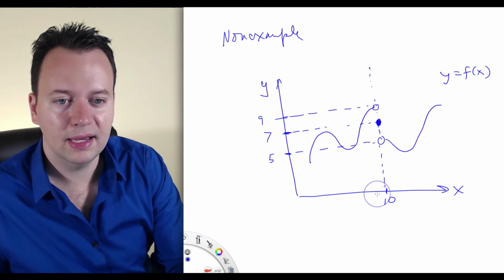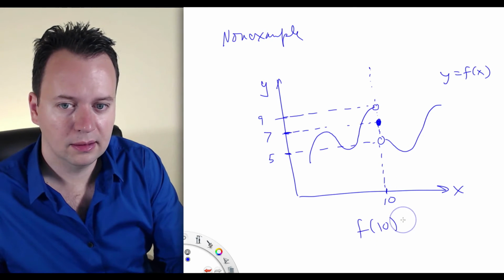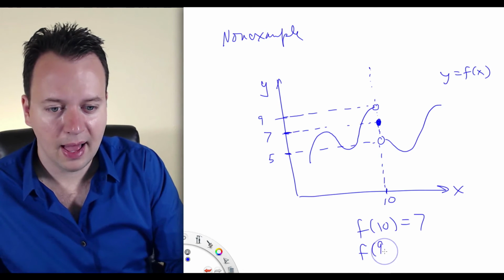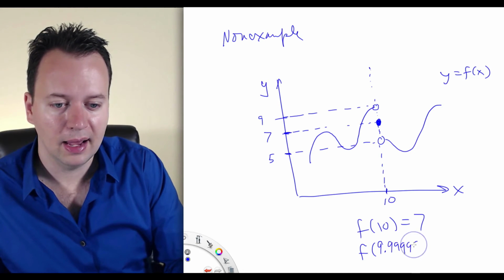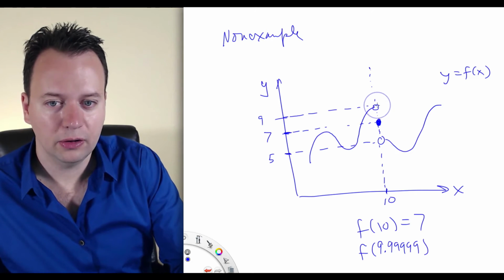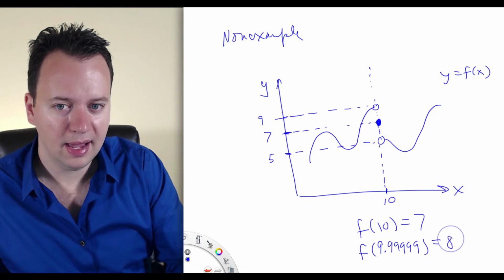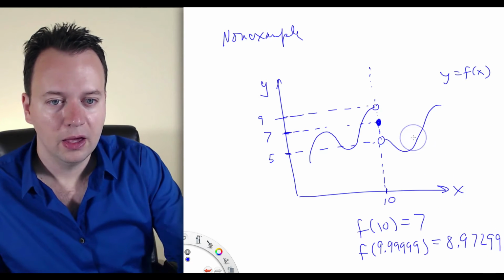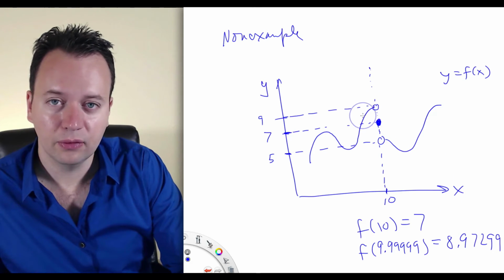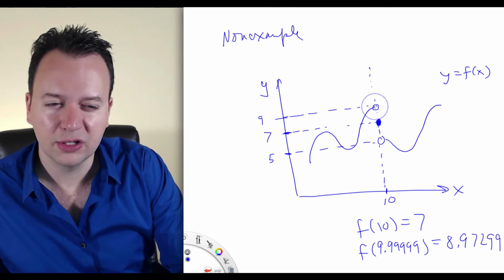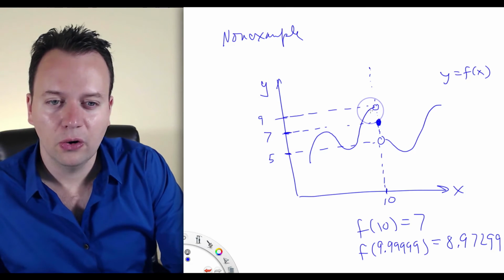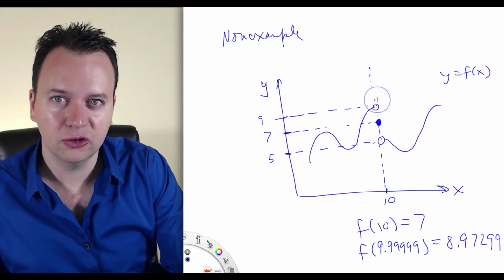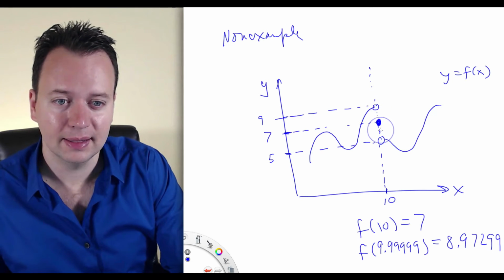So f of 10 is equal to 7. Although f of 9.99999 is going to be close to 9, so maybe it's equal to 8.97299, something like that. As you're approaching 10 from the left, if you have a number just slightly less than 10, your output will be very, very close to 9. But then suddenly it jumps discontinuously from 9 to 7.